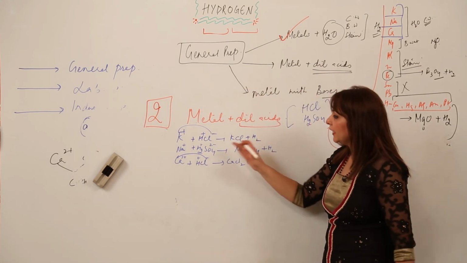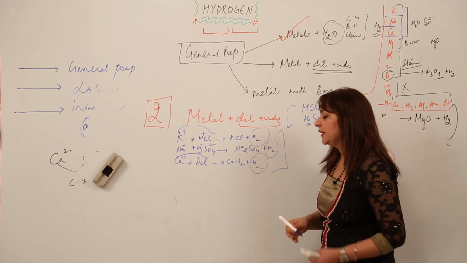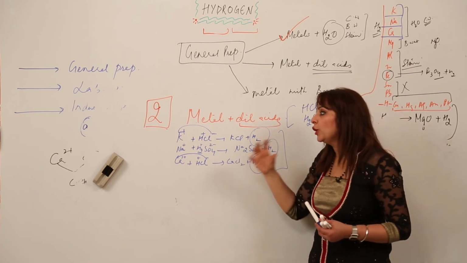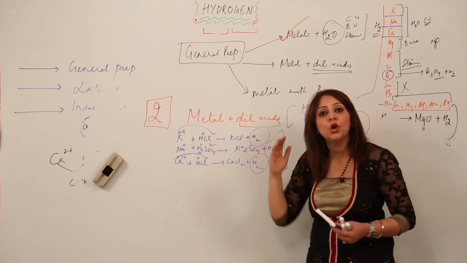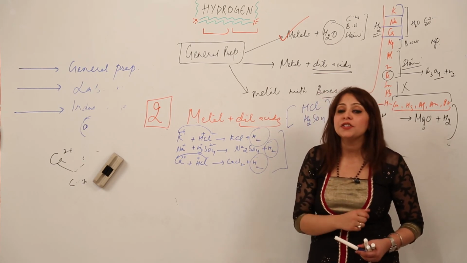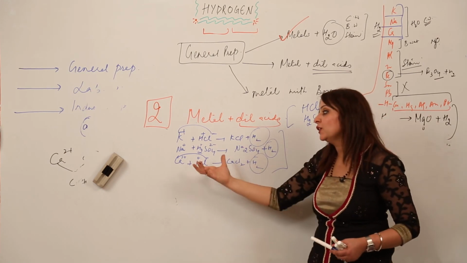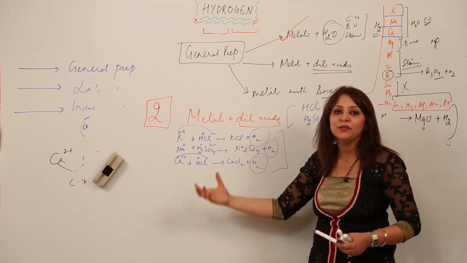So when they react, obviously the hydrogen gas is liberated, but these metals are not used for preparing hydrogen from dilute acid. Now the question must be arising in your mind: what is the reason behind it, when they react so readily with the acids?